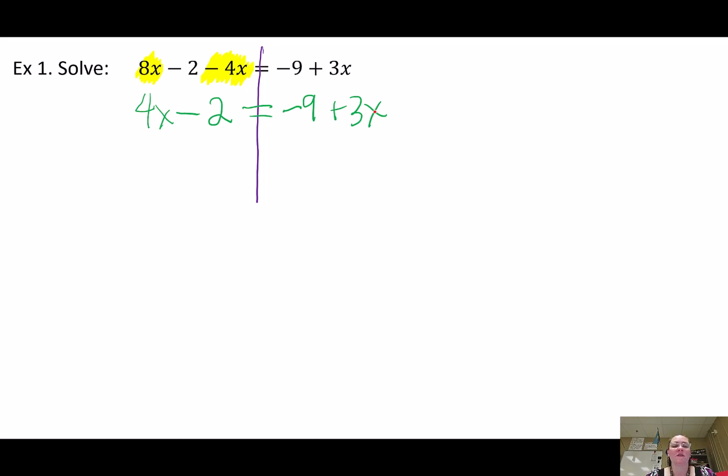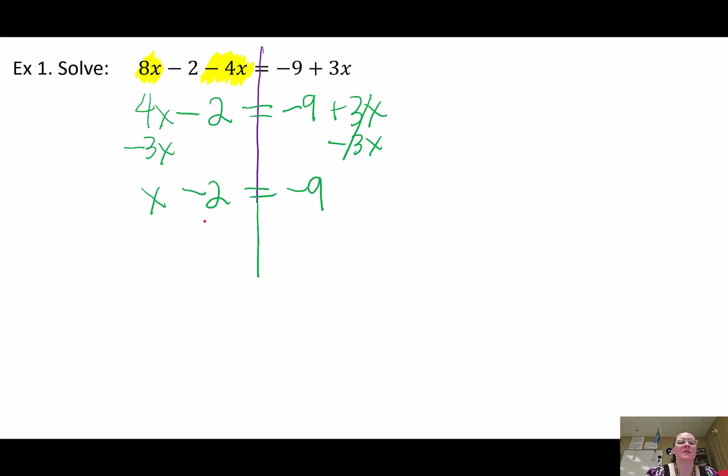Now all I have to do is get the variable on the same side. So I'm going to subtract 3x from both sides, to get the x's on the same side. So 4x minus 3x gives me 1x minus 2 equal to, and I'm left with negative 9 on the right side of my equal sign. Okay, now we're going to look at getting x by itself.